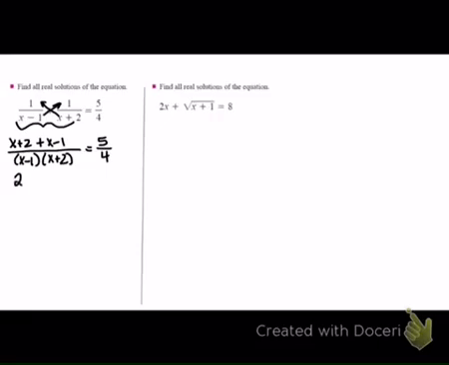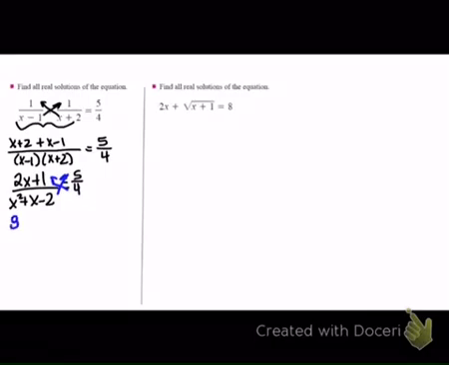Simplifying this out, we're going to get 2x plus 1 over, I'm going to FOIL this out, x squared minus 2x plus x minus 2, is that factored, 5 over 4? Sorry, to save you guys time to actually practice this, I'm going to try to do it. Cross multiply on these both sides right here.